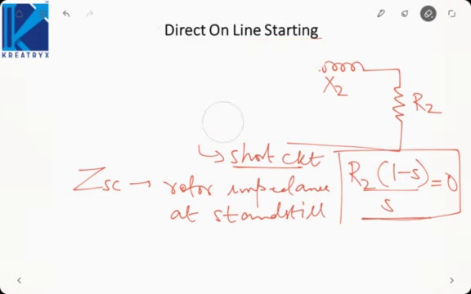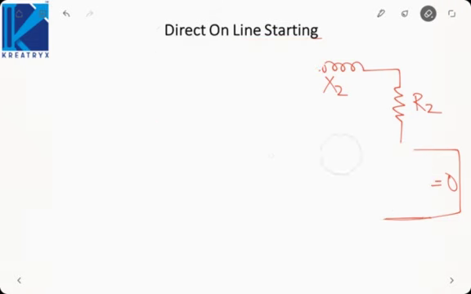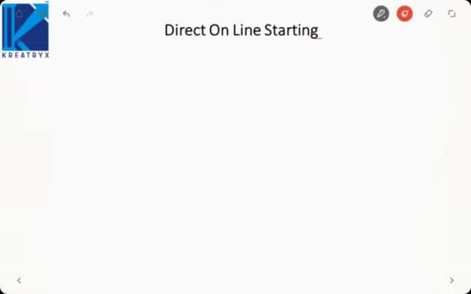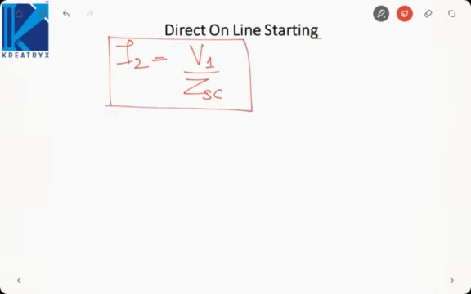Now, when we are talking about the starting, what will be the rotor current? Rotor current will be V1 by ZSC, because the impedance of the rotor circuit is ZSC. So this is your starting current at the rotor side.